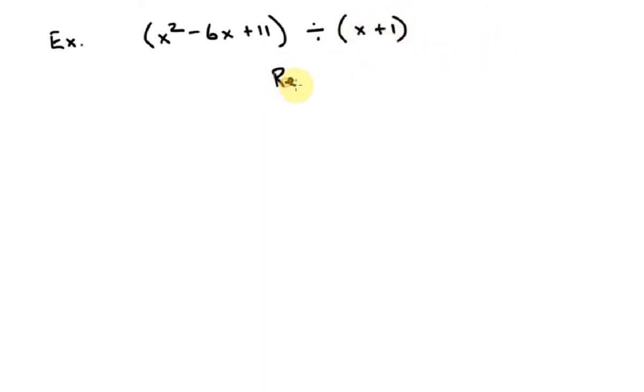Okay. So my first example looks like this. Somebody says, we have this guy here, x squared minus 6x plus 11, and we want to divide that by x plus 1. And we don't even care about the answer. We just really were wondering what the remainder might be.